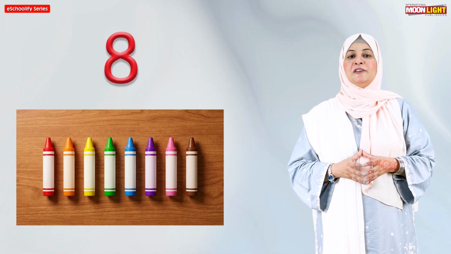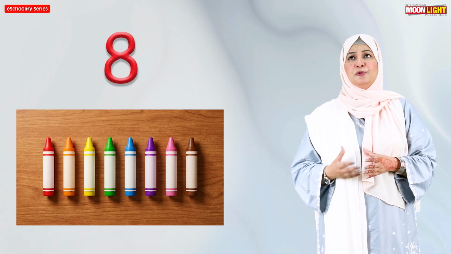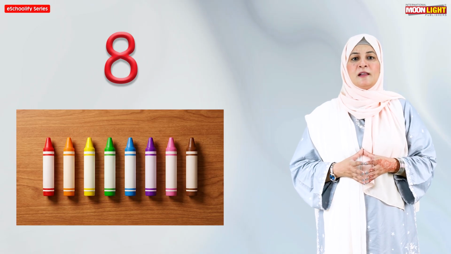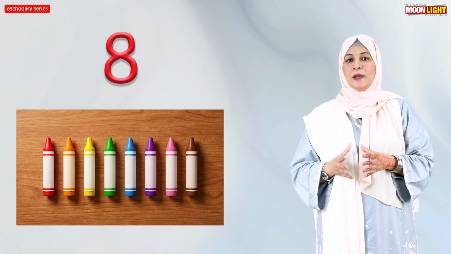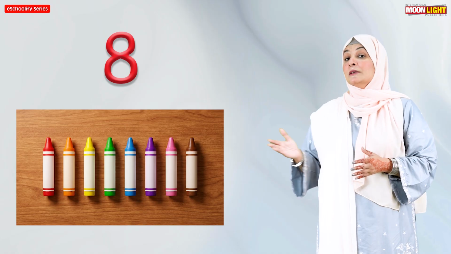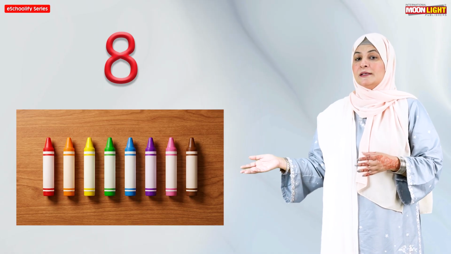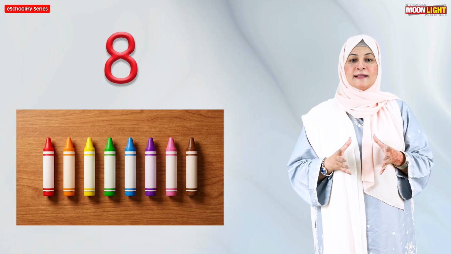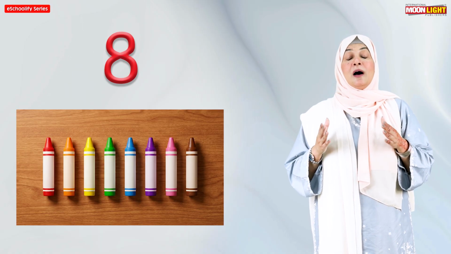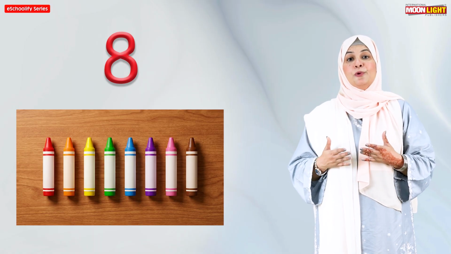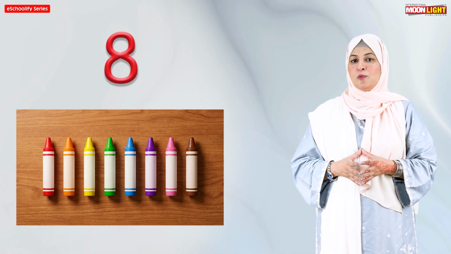You could show different objects. You could use the lights that are in the class, doors, windows, colors, pencils, crayon colors, bags, chairs, or you could go outside for a nature walk.